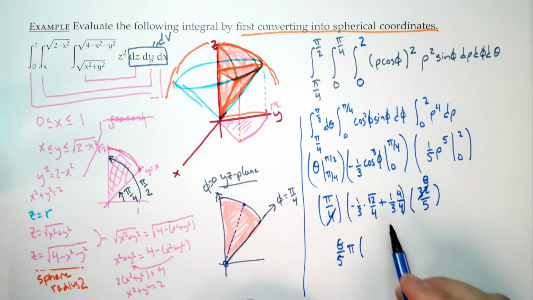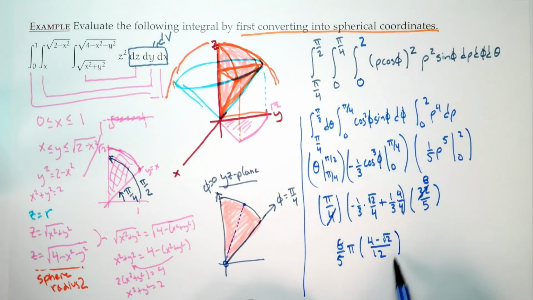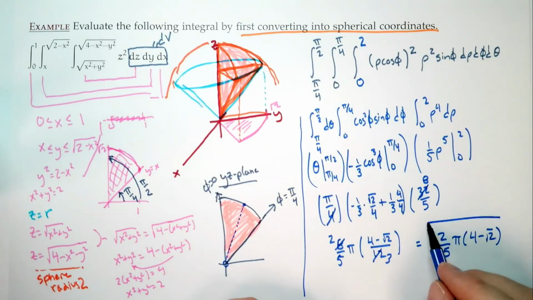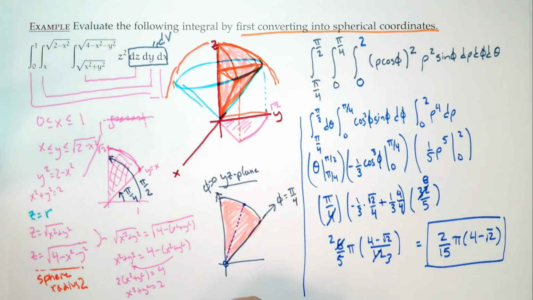Now inside we get 4 minus square root of 2 over 12. Yes? Now, of course, we can clean it up even more because the 12 has a factor of 4 in it. So if I divide out, that's a 3, that's a 2. So this becomes 2 over 15 times pi times 4 minus square root of 2. And that is our answer. That's not so bad.